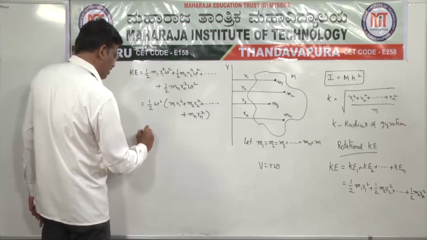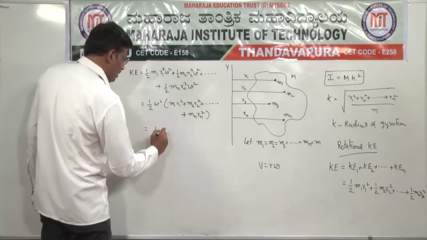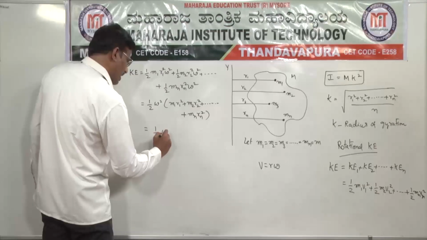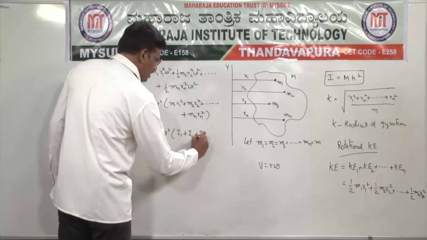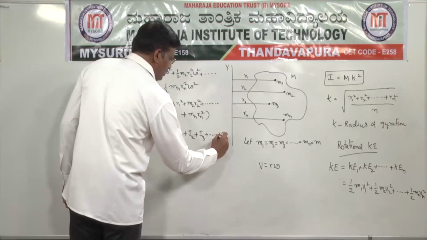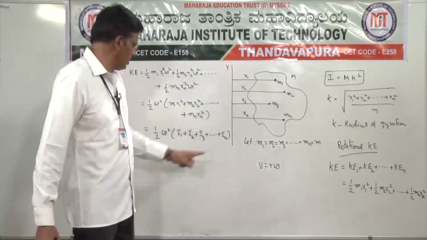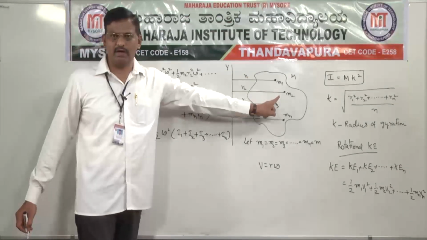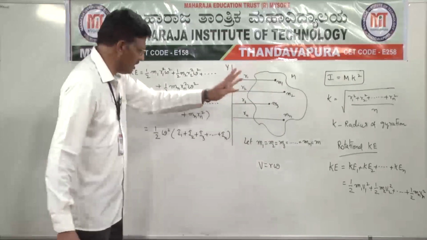We know that m1 r1 square is I1, m2 r2 square is I2, so half omega square into I1 plus I2 plus I3 and so on plus In, where I1 is the moment of inertia of the first particle, I2 of the second particle, I3 of the third particle and so on.